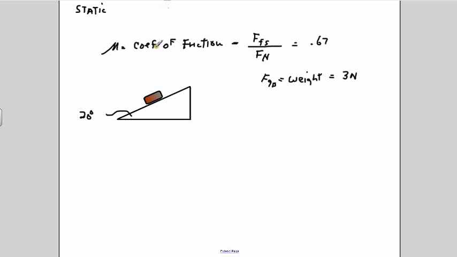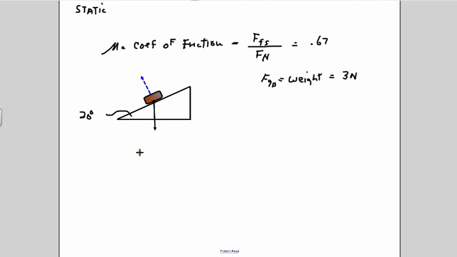Force normals are perpendicular to a surface. Can you see that the force normal in this case is going to come straight up like this? And the force weight is going to be toward the center of the earth, as we've always had it.